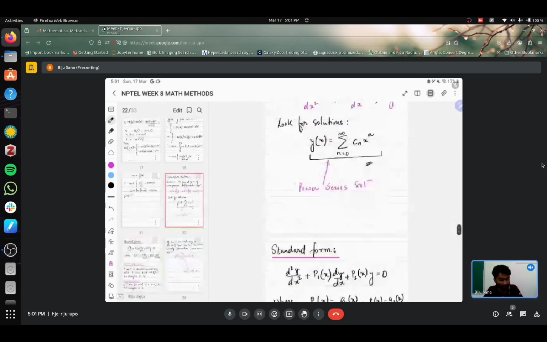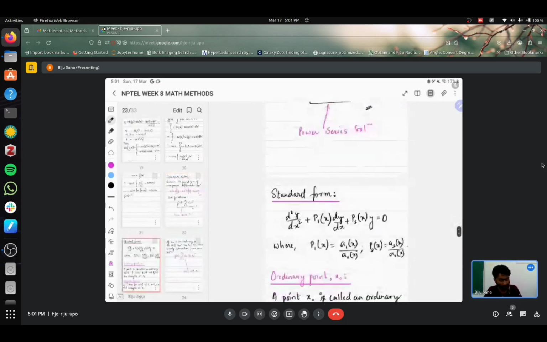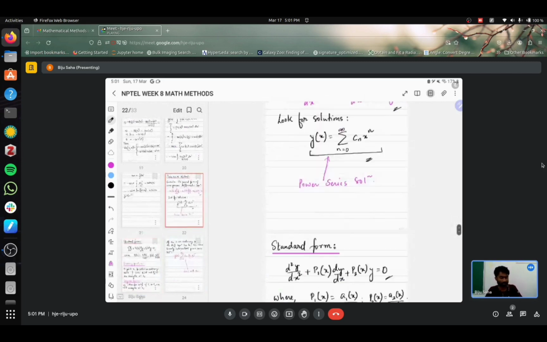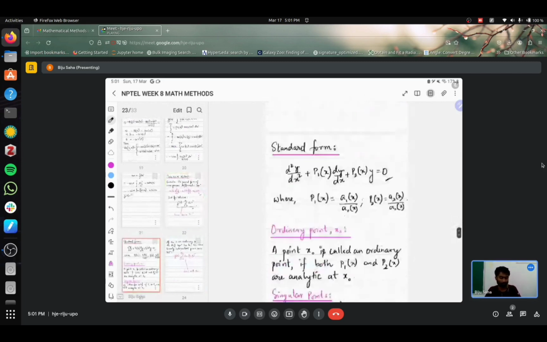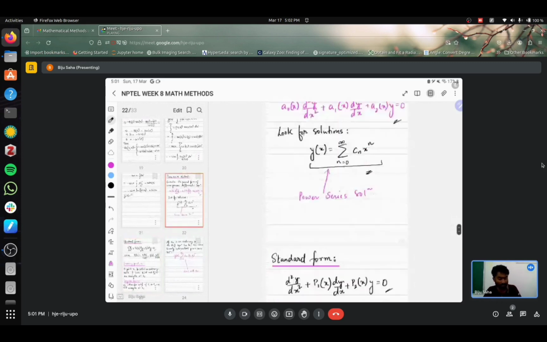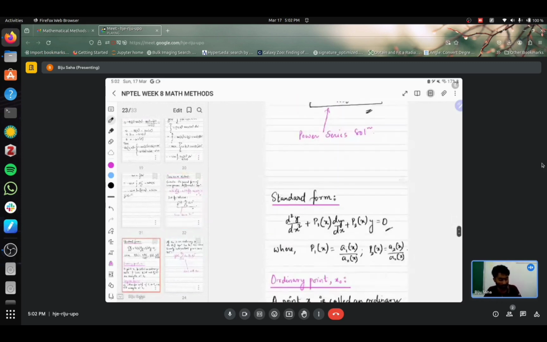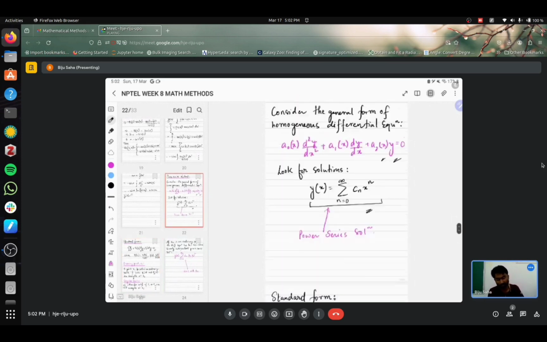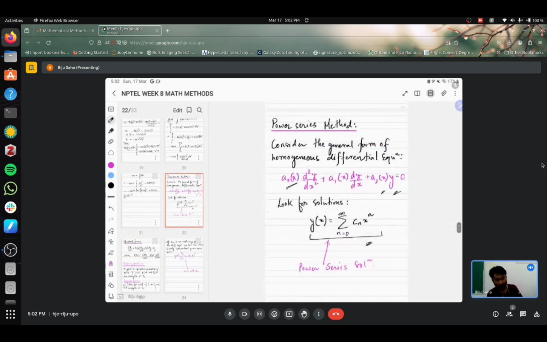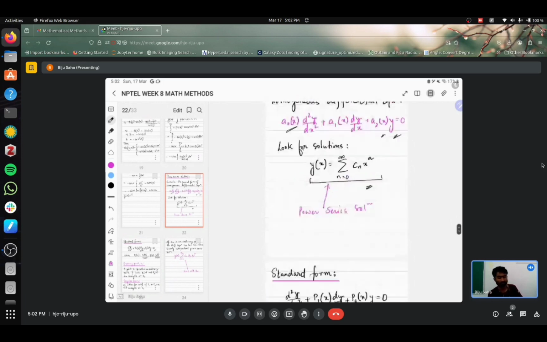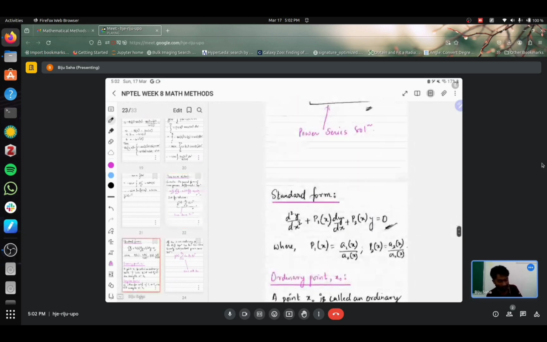So given this differential equation, let us consider this form of it. We have reduced this particular form into the standard form, which is here. Here P1x is equal to A1 divided by A0, and P2x is equal to A2 by A0. So we actually try to make the coefficient of the second order term equal to 1. That is why we divide throughout by A0, and we write in this format. This is the standard form.